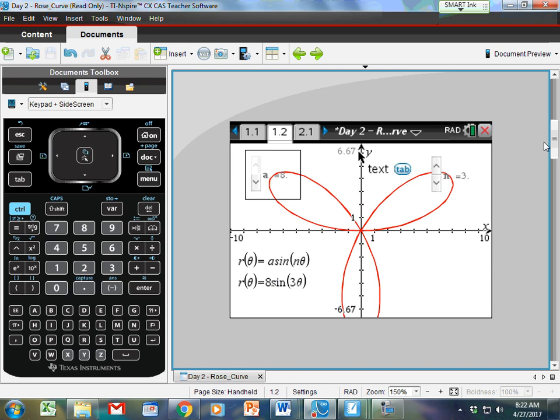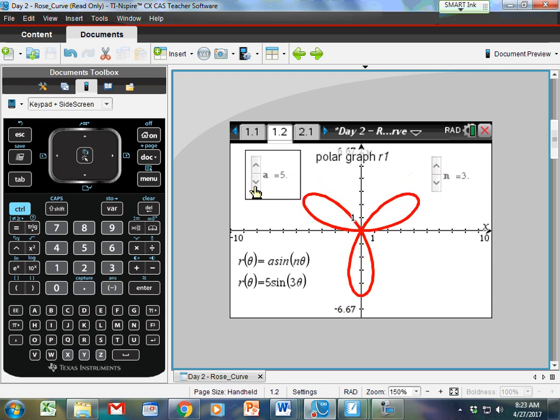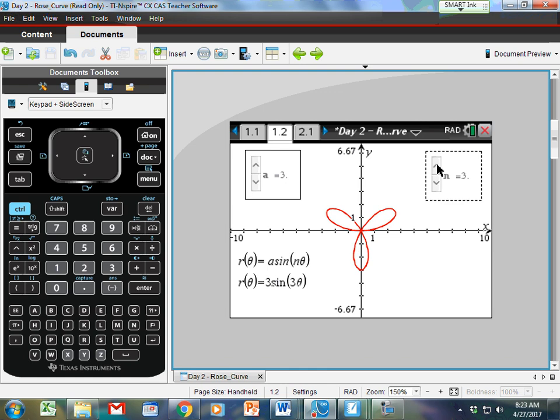Okay, so now let me go back down to 3, and let's see what N affects. You think it's the number of petals? Okay, let's see. All right, so I'm going to increase N. Whoa, N is 4. Look how many petals we have now. All right, let me go to 5.